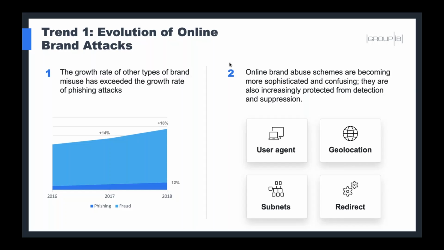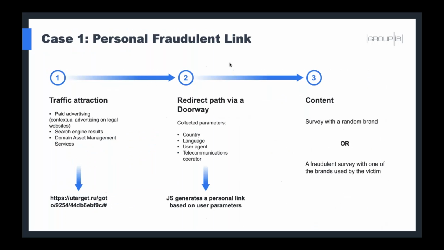They use different approaches to make it much more difficult to hide all these problems from the brand owner's eyes, from your law department's eyes, from our eyes, etc. For example, they use special approaches to detect your user agent, to detect your geolocation, etc. And now I'm going to tell you an example of how it works.